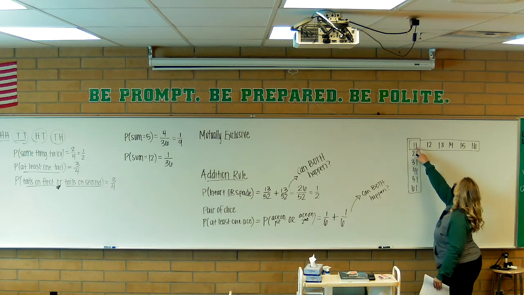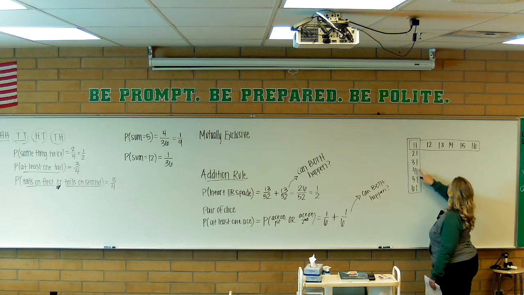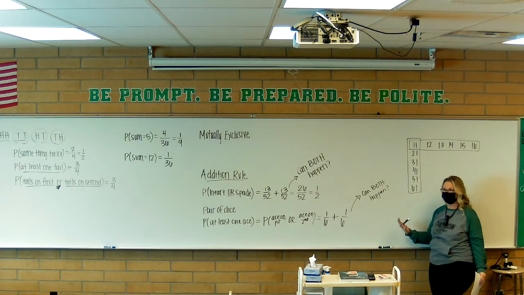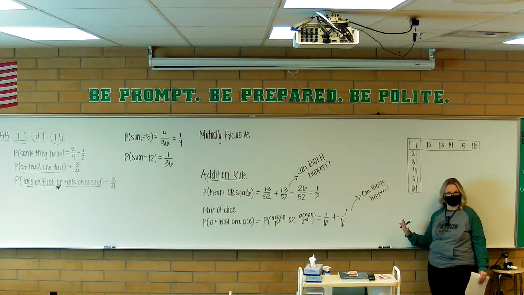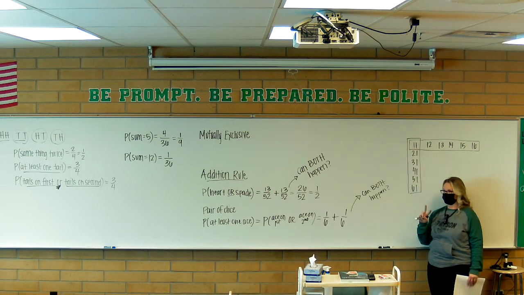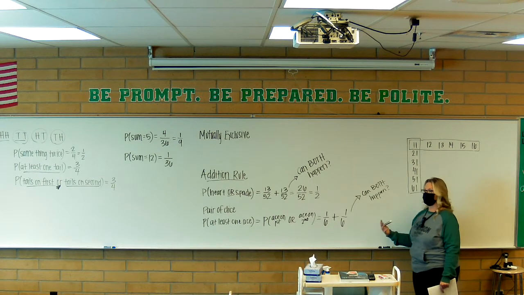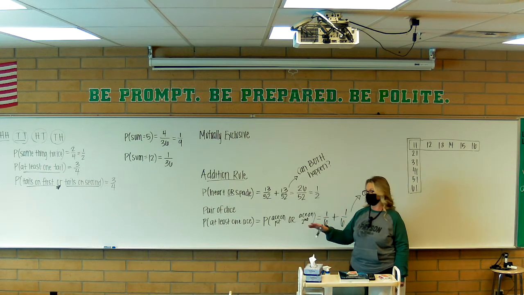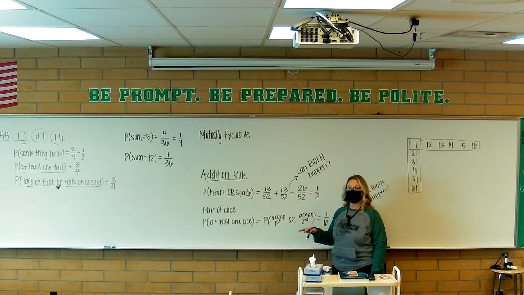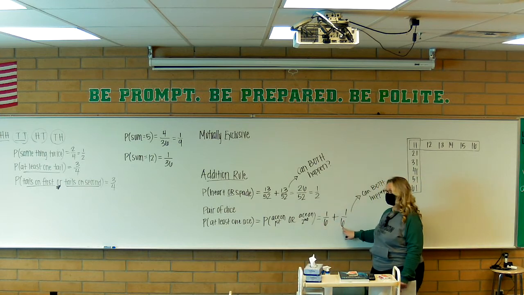I selected all of those, and I selected all of those, and in that process, what have I done? I picked one of them twice. I'm counting this twice. Right? Does everybody see that? That follows both of these stipulations, an ace on the first roll, and it also follows ace on the second roll. So it got counted in this one and in this one.